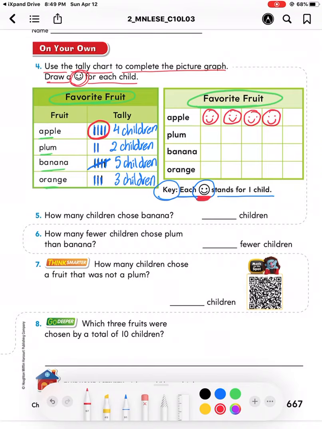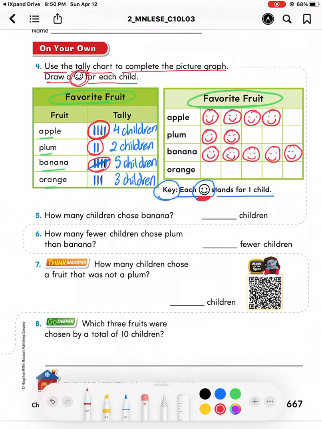What about the plum? How many children? We have 2 tallies, which means 2 children. So we will draw 2 smiley faces. Okay, what about the banana? We got how many tallies? 5, right? Which means 5 children, which means 5 smiley faces. 1, 2, 3, 4, and 5.